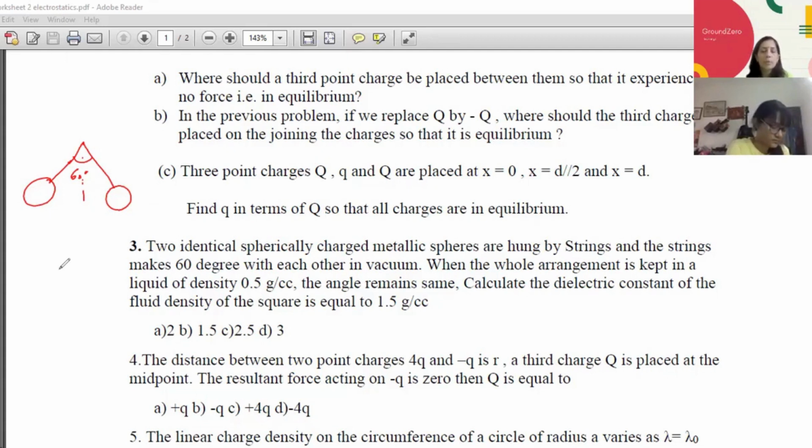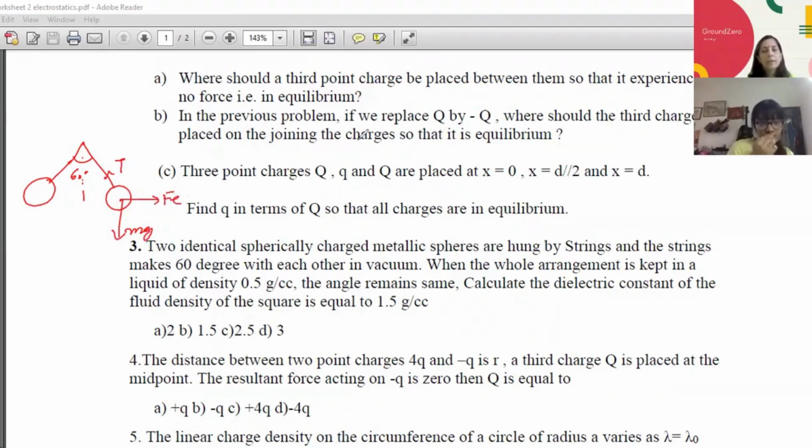You have to consider both the cases, and the angle is remaining the same. So first you find it in vacuum. The forces acting are mg, tension T, and a repulsive force, that is Fe.